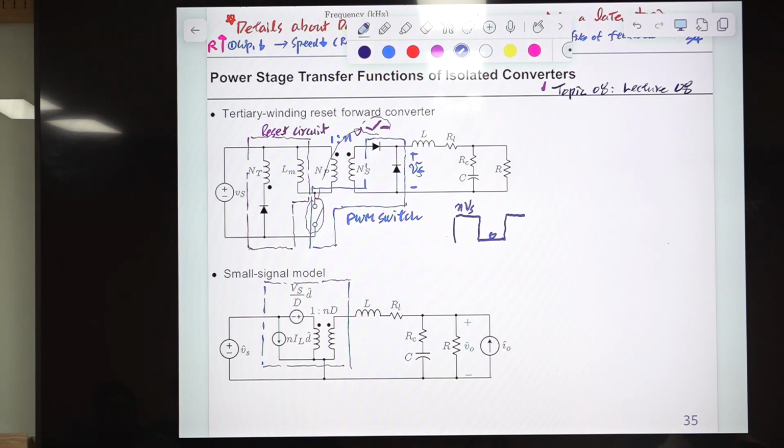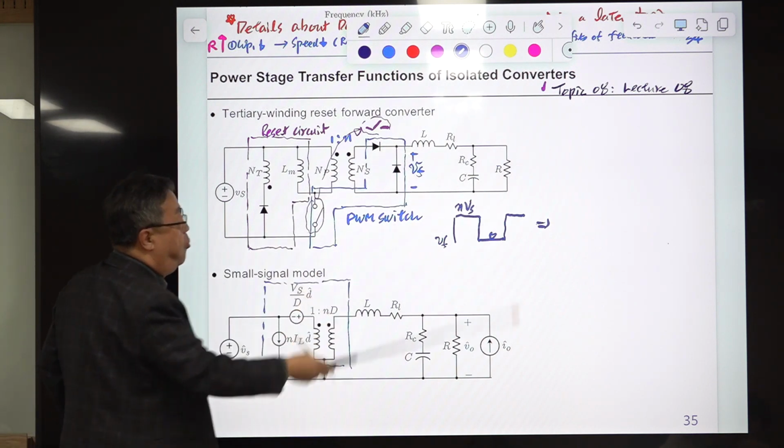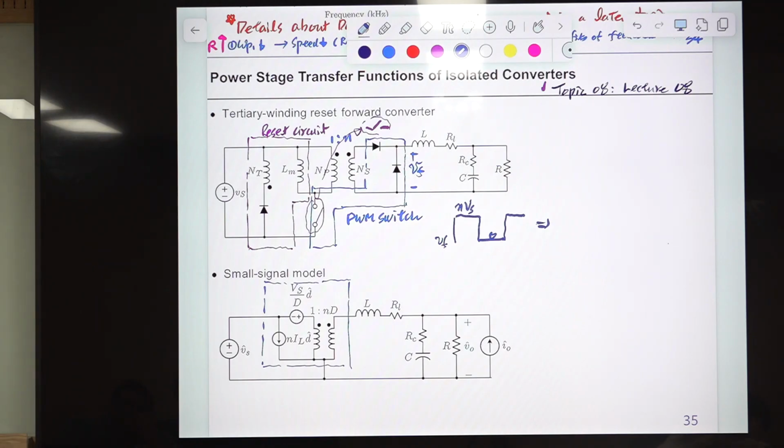Okay, so this VF voltage is applied to this part. This part is a low pass filter. So the output of the low pass filter is something like this. In terms of its function, as I said, this is the same as this case, the buck converter. And this voltage is applied to the input port of this low pass filter.